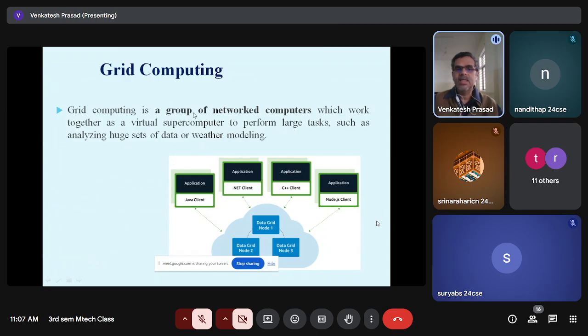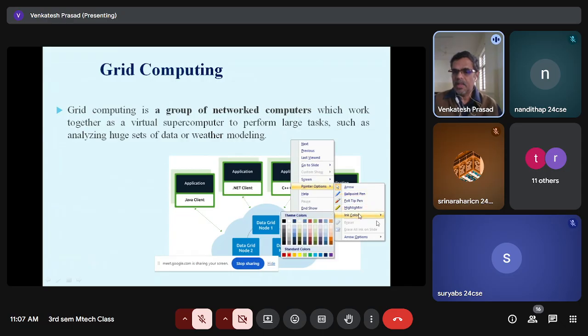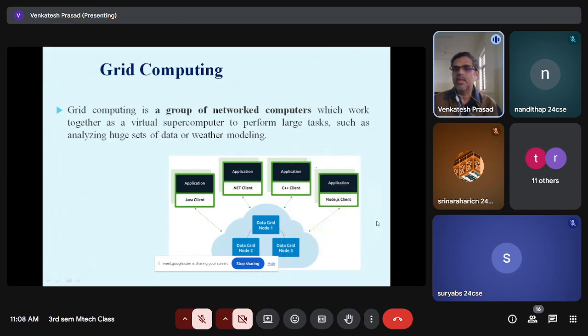Okay. So it basically is a group of network computers. Generally, it's done within the company, or two or three companies will join together and set up a grid, and they will share all the resources. So let's say two or three companies are working on some weather modeling project, like it's listed here, or some other project. These days even competitors come together to work on certain solutions.